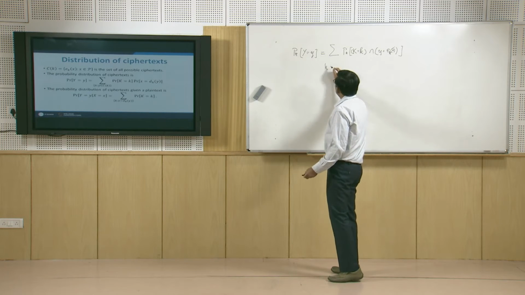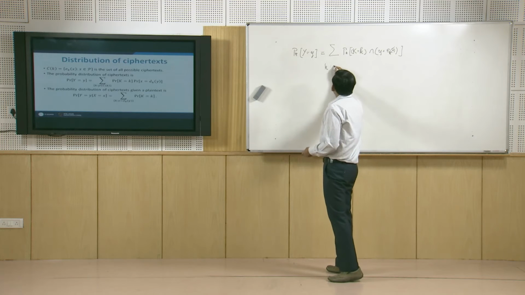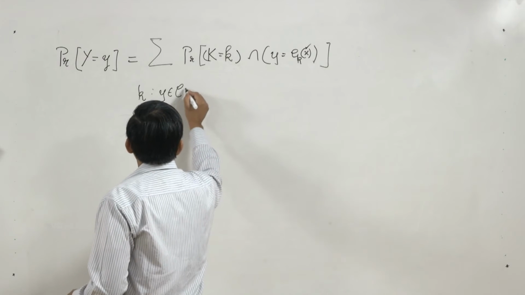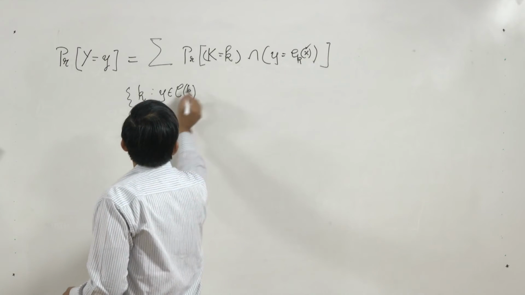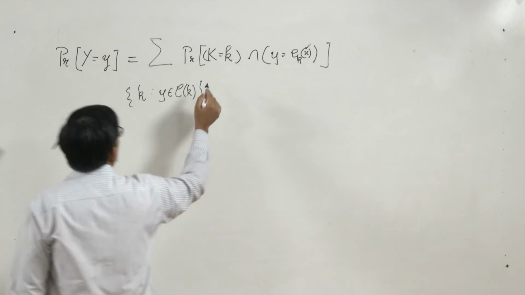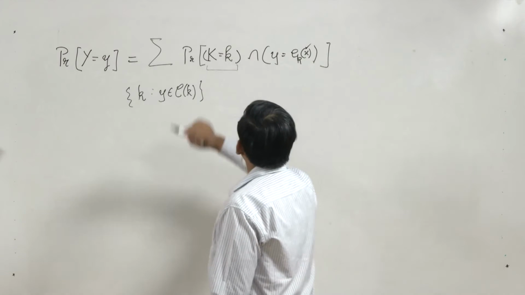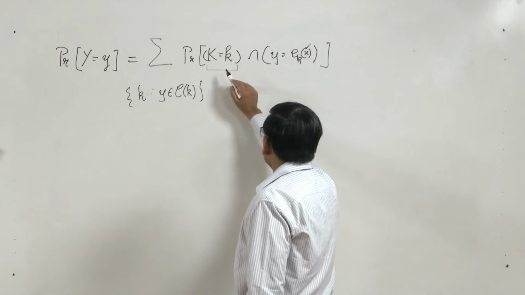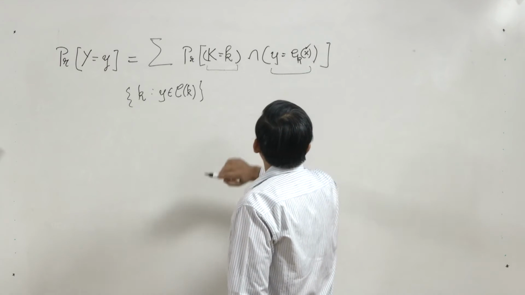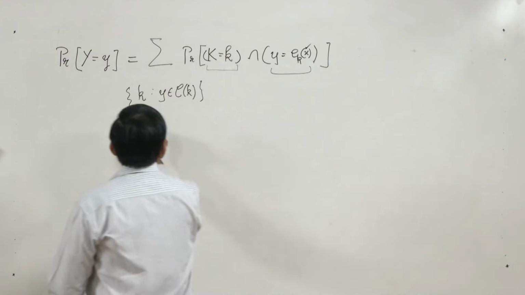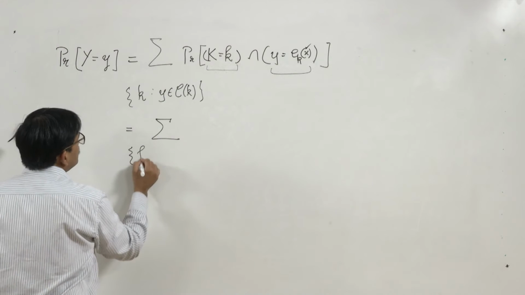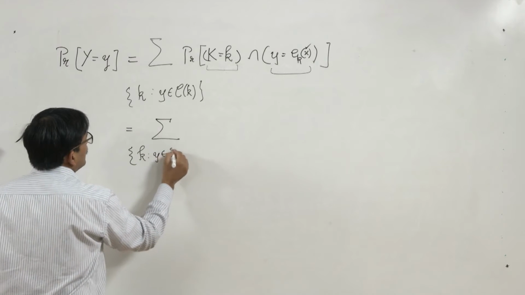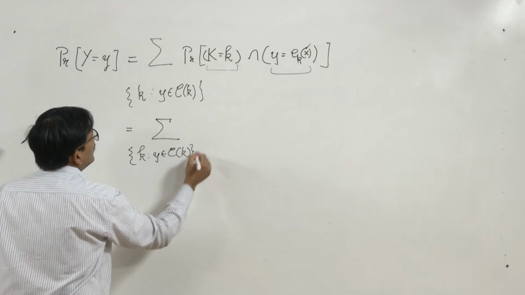Therefore, we have to vary k in such a way that y is inside C_k, and now we assume that the choice of the key and the choice of plain text are independent. So, we write another step here.